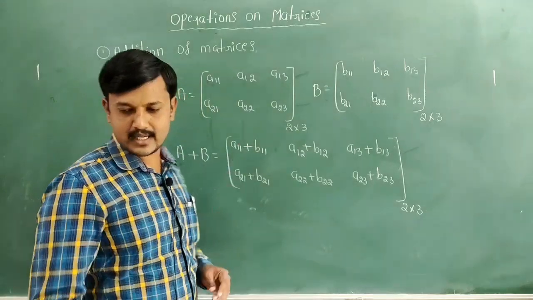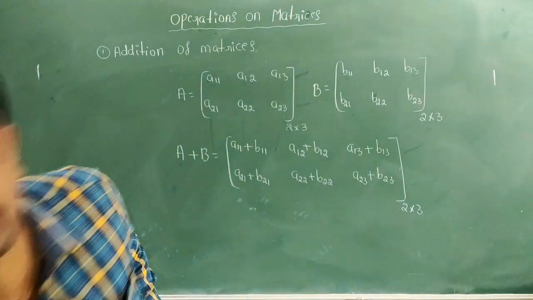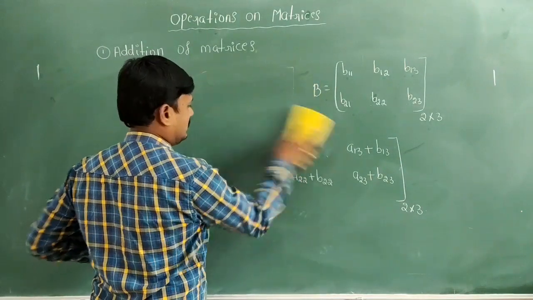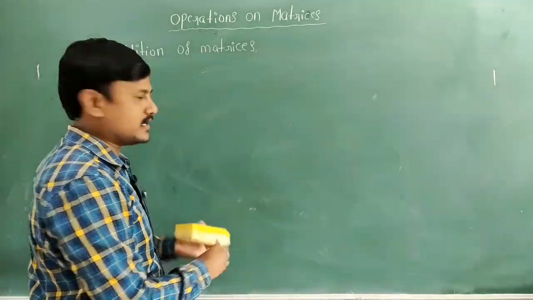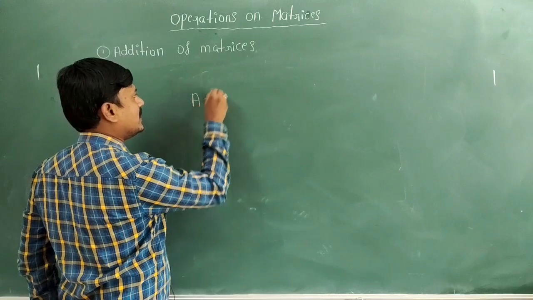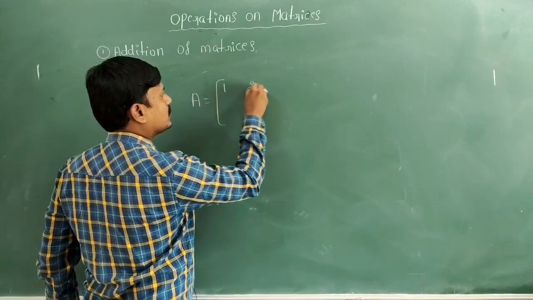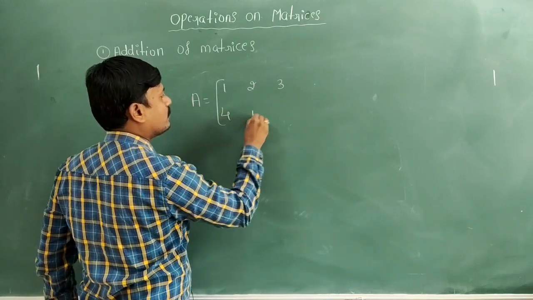Right. Here consider some examples. Consider a matrix A equal to 1, 2, 3, 4, 1, 5.